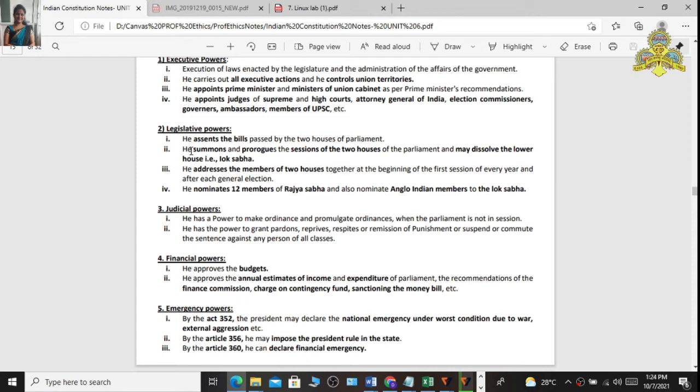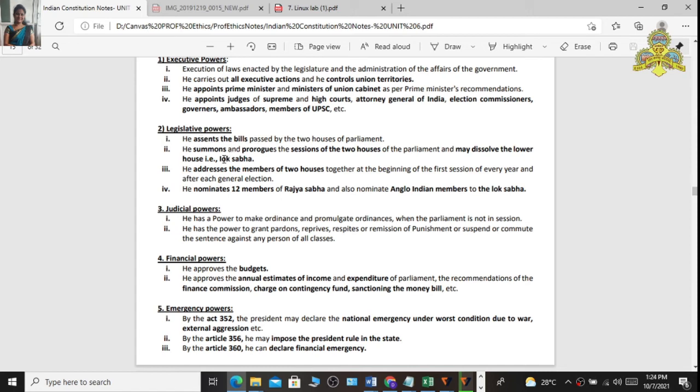Then only that bill becomes an act. That is called legislative power. Here, the president of India has to assent the bill. The assented bill only becomes an act.